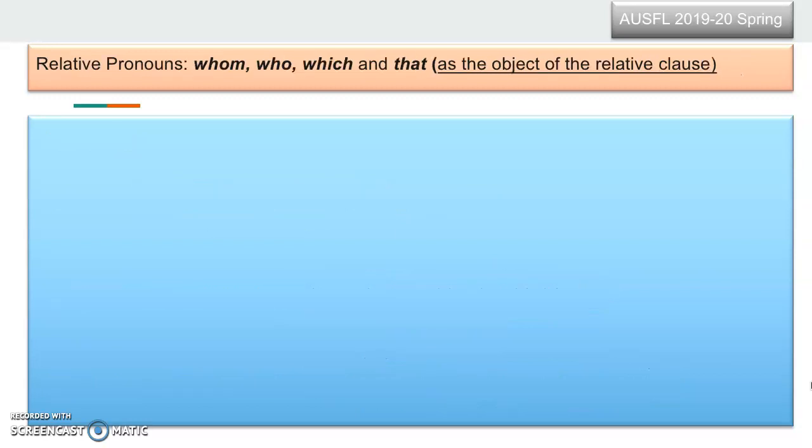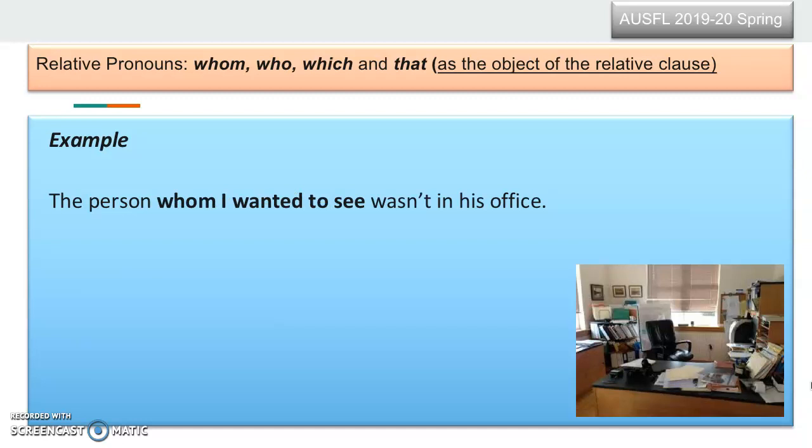We can use the relative pronouns whom, who, which, and that as the object of the relative clause. In our first example, we need to describe the noun person to make the meaning clear. So, the relative clause whom I wanted to see describes the noun person. We can say that whom is a formal usage and it can be used instead of an object.